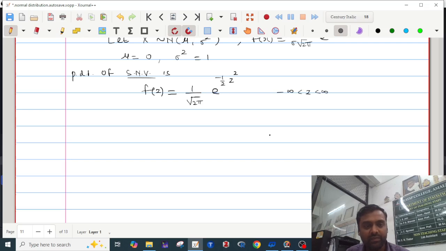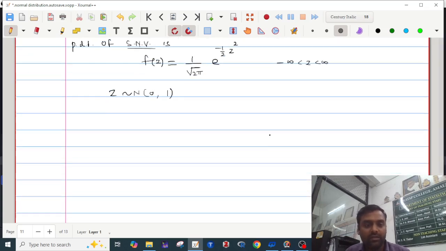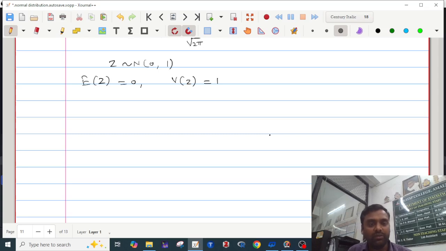Its notation: if we write X here, it is Z. So Z is normal 0, 1. Its mean is 0 and its variance is 1. We compute some other quantities also, that is the MGF: M_X of t is e raised to mu t plus 1 half sigma square t square.